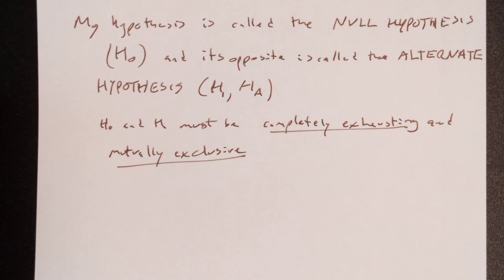Mutually exclusive. It doesn't mean they don't affect each other; that's independent as opposed to exclusive. Completely exhaustive means they cover all the options. Mutually exclusive means there's no intersection.